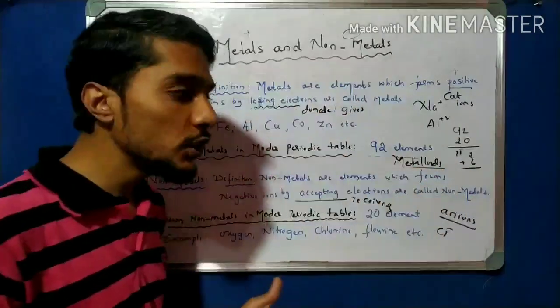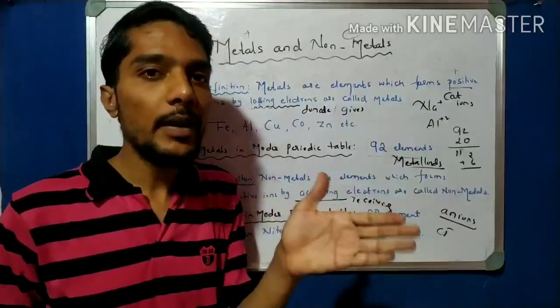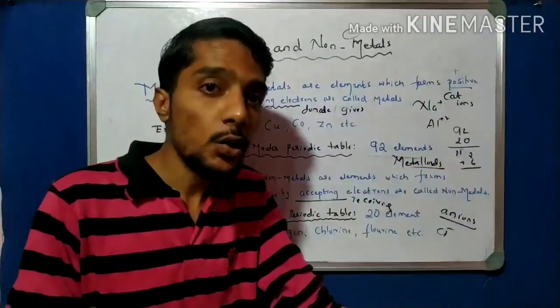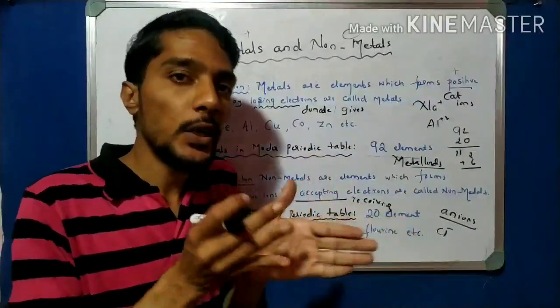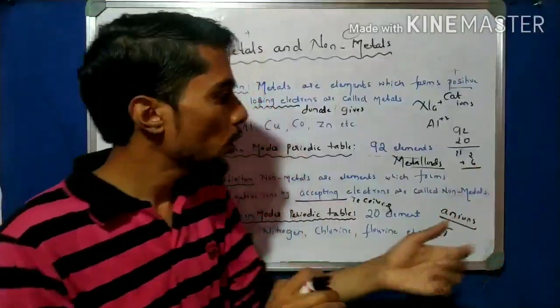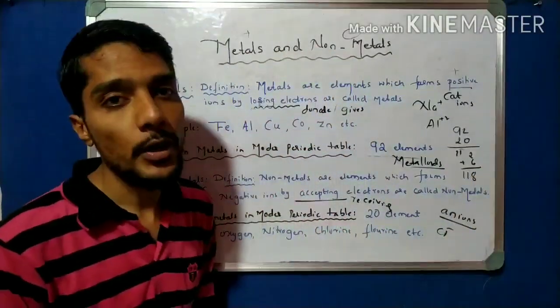Metalloids are the elements which exhibit both metal and non-metal properties. They are intermediate between metals and non-metals. They are not totally non-metals, and they are not totally metals. So there are 6 such elements. Total 118 elements are present in the modern periodic table.